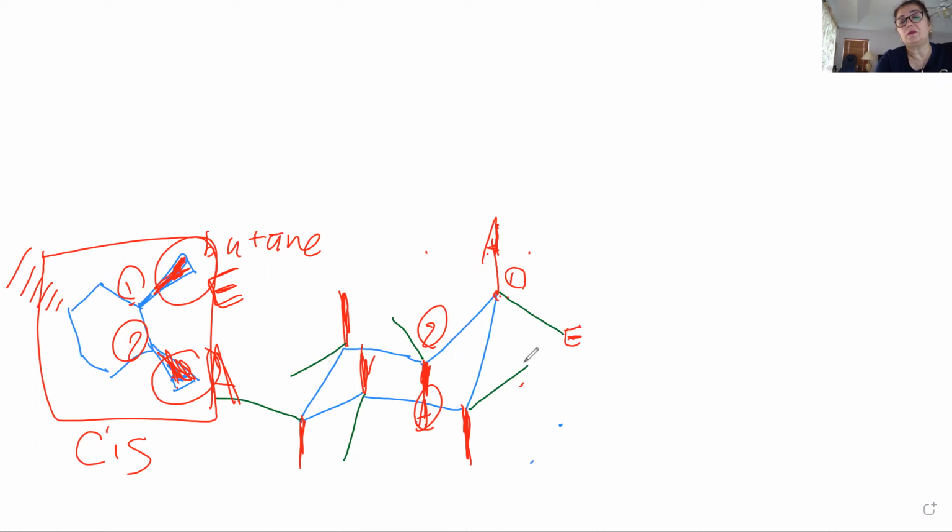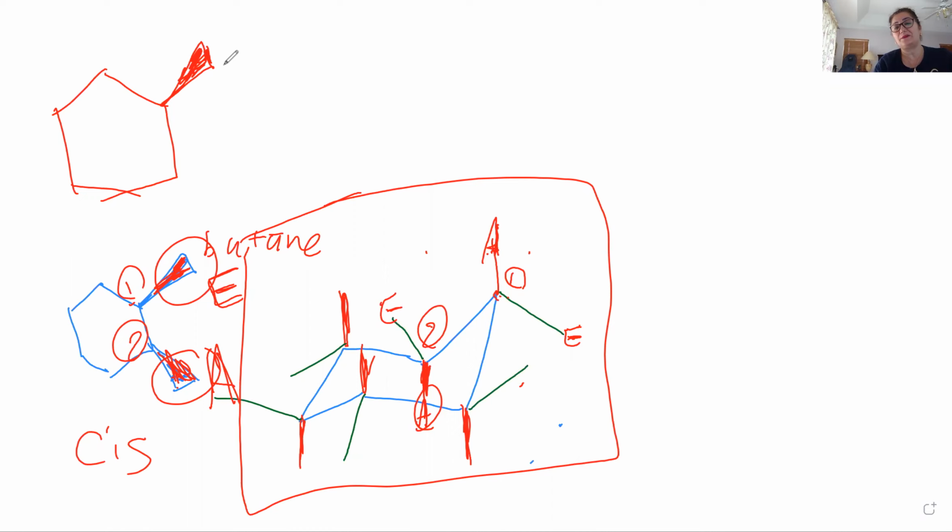Hexane or pentane means it's saturated, so the carbons are sp3 hybridized, and the bond angle is expected to be 109. The further from 109, whether higher or lower, the more unstable the molecule. The closest are cyclopentane and cyclohexane in the chair conformation, so both of them are stable.